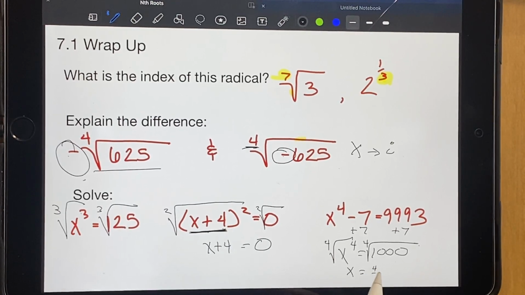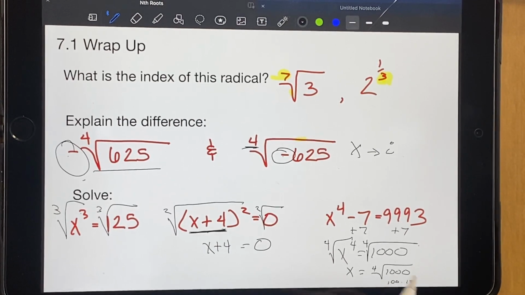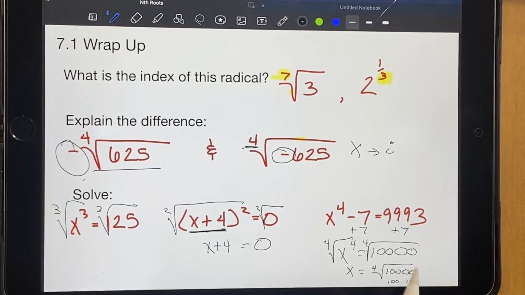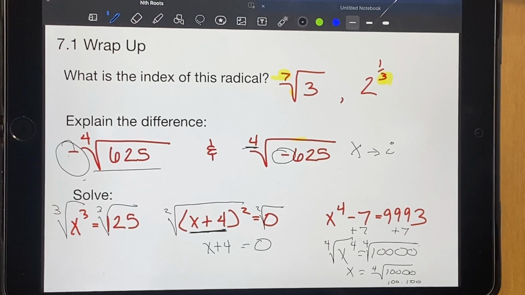And then we've got the fourth root of 1,000. Okay? So which is 100 times 10. And so we'll just work through. And if it can't be simplified, then it just can't be simplified. Okay? So, 10,000. When I added that, should have been 10,000. And then I have 4 zeros, which makes it nice.